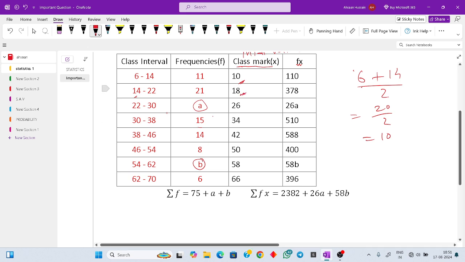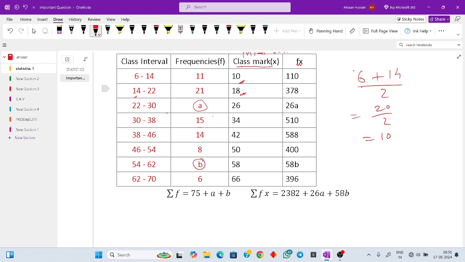And you don't have to do it again and again. Just check the height. What is the height? The height is 8. The difference of class interval is known as height or size. So the height is 8. So just add 8 with each class mark.